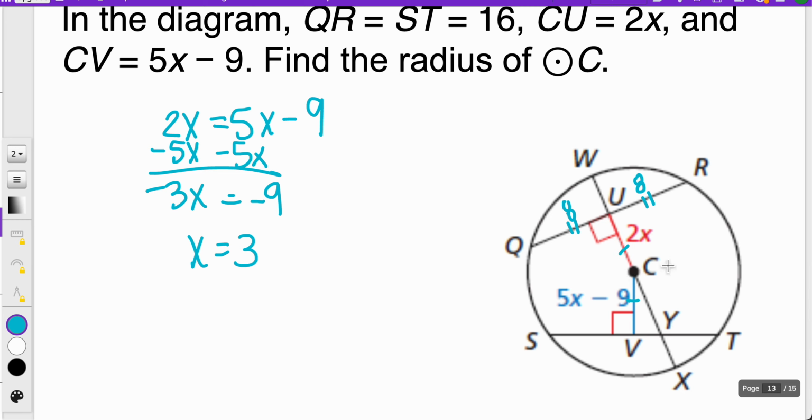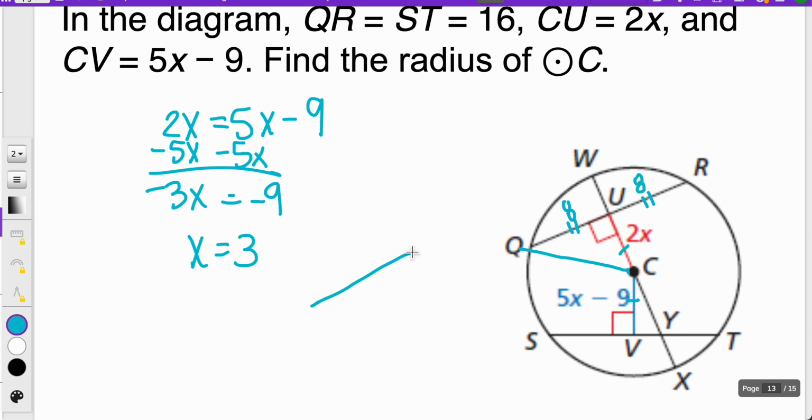Okay, so we're even looking at possibly making a right triangle here. So your radius can be found by maybe going from C to Q, and this is creating that right triangle.